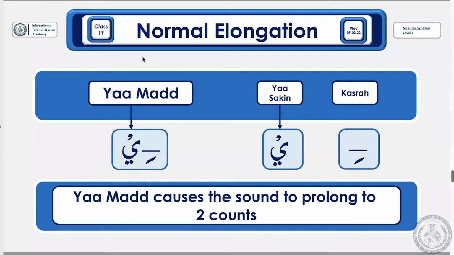And ya mad causes the sound to prolong for two counts. So wherever you see a ya sakin and the letter before it carries a kasra, then that ya mad will cause our sound to prolong for two counts.